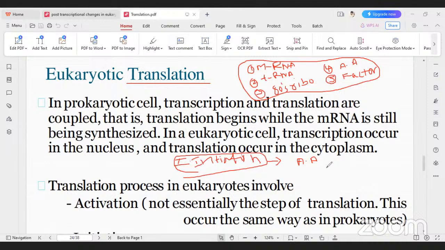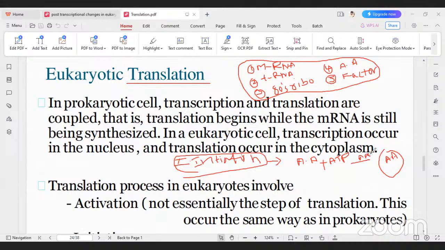They are all in an inactive state, so they need to be activated. These inactive 20 types are activated with the help of ATP and the enzyme amino acyl synthetase.